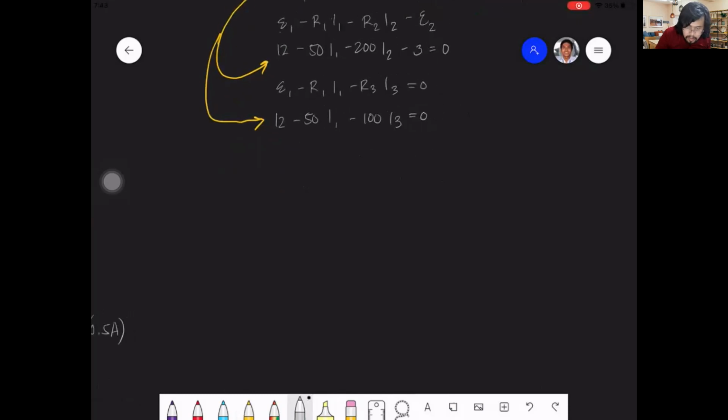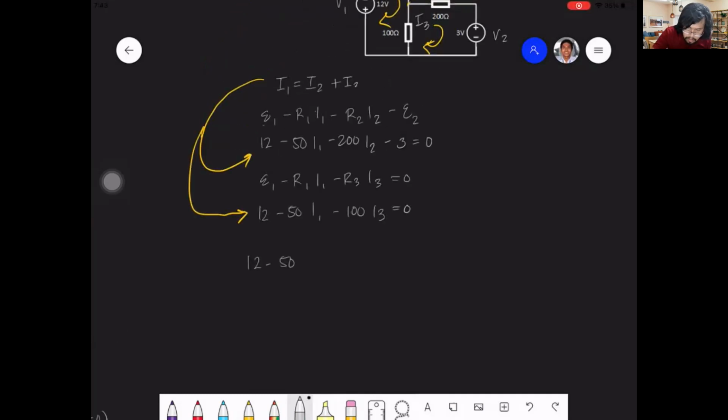So that we have 12 minus 50 times I2 plus I3 minus 200 times I2 minus 3. The other equation becomes 12 minus 50 times I2 plus I3 minus 100 I3 equals 0.